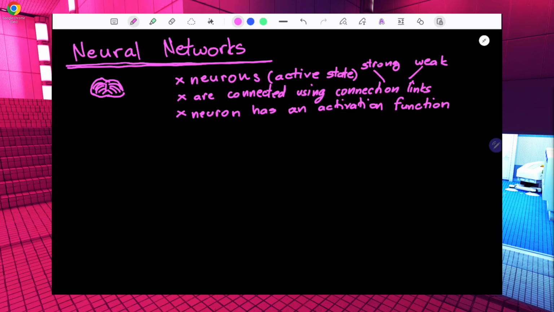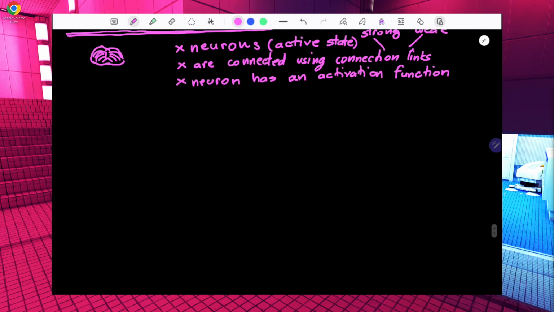So what a neuron actually is, is a mathematical function that takes one or more input values and outputs a single numerical value.